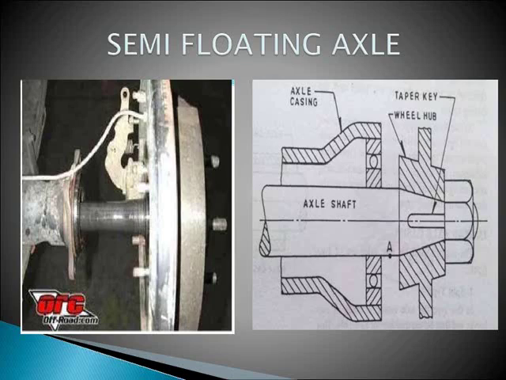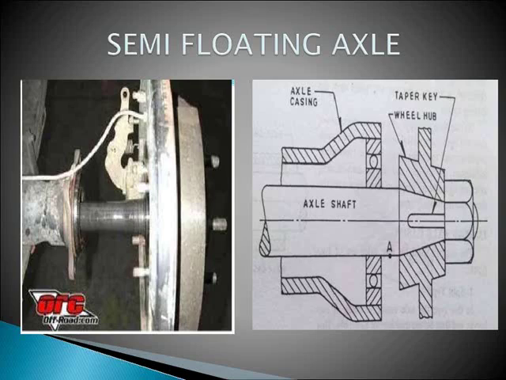The right one is a schematic cross-section view of the semi-floating axle. The left side one is the actual view. This is used in most passenger vehicles and light commercial vehicles.